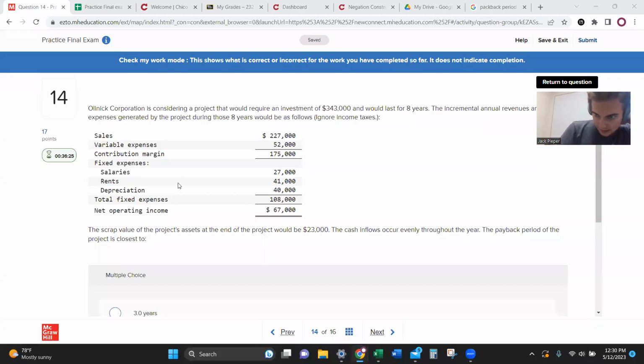Okay, so for this one, it's the cash inflow minus the cash outflow, except there's one important thing. The depreciation doesn't get added as a cash expense, right?